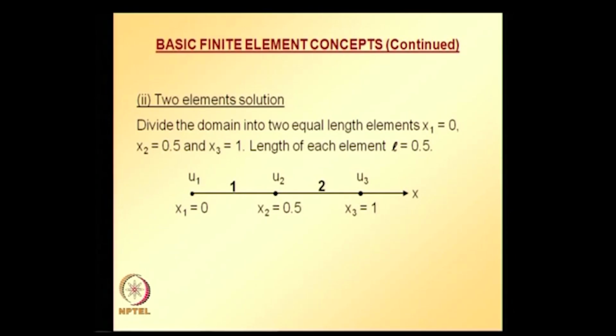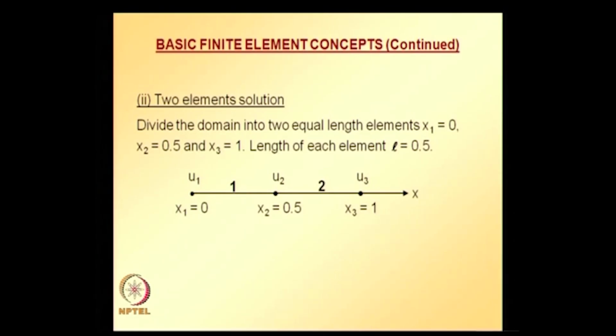For simplicity, the 2 elements are assumed to be of the same length, though it need not be. So, the first node coincides with x is equal to 0, the second node coincides with x is equal to 0.5, the third node coincides with x is equal to 1, and the length of each element is 0.5.